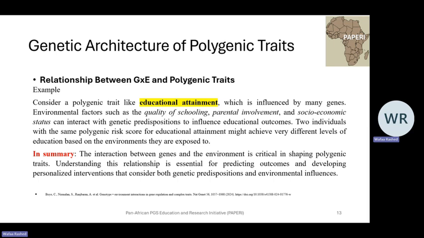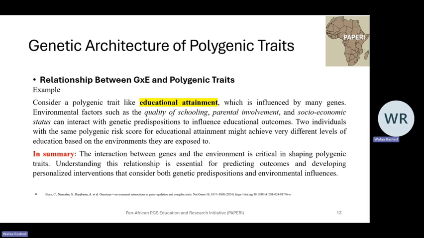Let me give you an example. Consider a polygenic trait like educational attainment. Educational attainment, as I told you, is one of the polygenic traits. It is influenced by many genes.